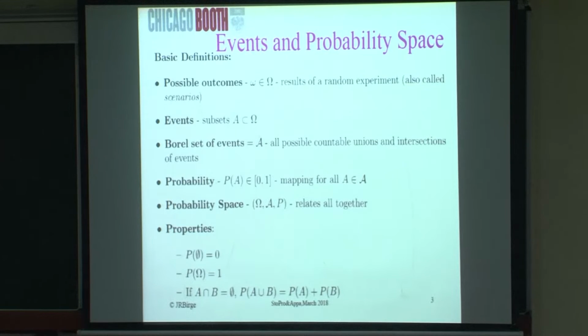Events and probability spaces. I'll always use this notation: omega is the event. Omega is the thing that triggers everything. It's just an abstract representation of all possible alignments of molecules in the world. So it doesn't have any dimension at all.